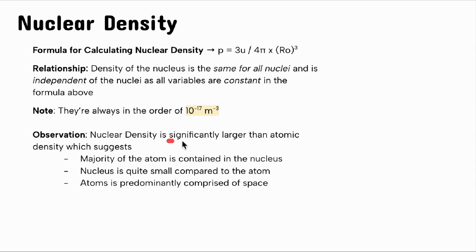It's significantly larger than the atomic density, which suggests the following. Majority of the mass of the atom is contained in the nucleus itself. Nucleus is quite small compared to the entire atom, and atoms are predominantly comprised of space, as stated previously.